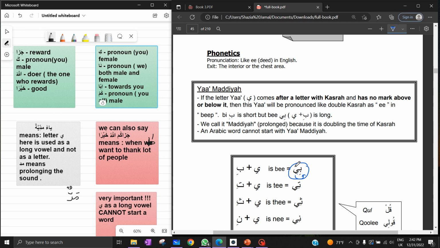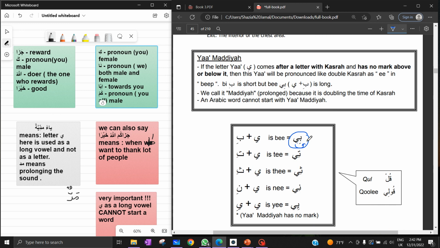In this case, Ya doesn't have a mark above it or below it. So this is a long vowel. And how will you pronounce it? Ba, kasra, and Ya: bee. Like you say bee in English, honeybee. Ta kasra ya, ti. Tha kasra ya, thi. Noon kasra ya, ni. And Ya kasra ya is yi.